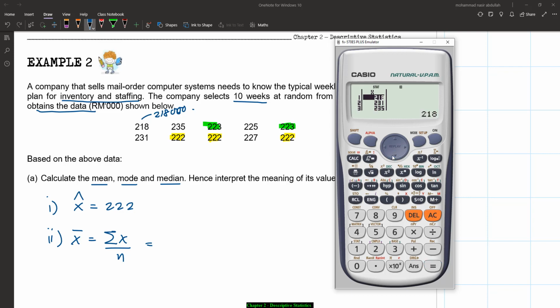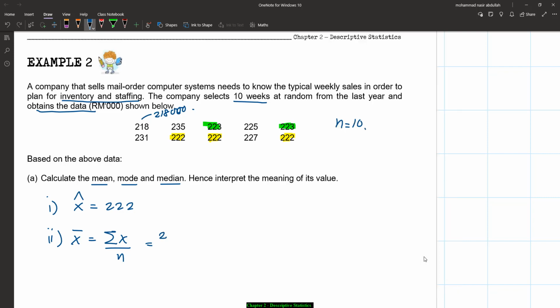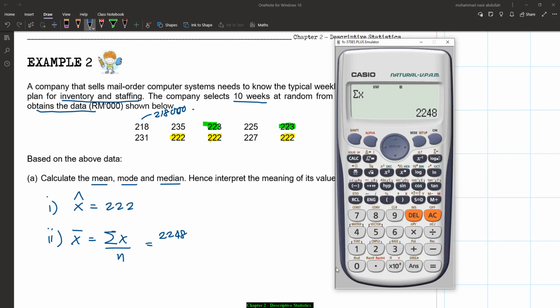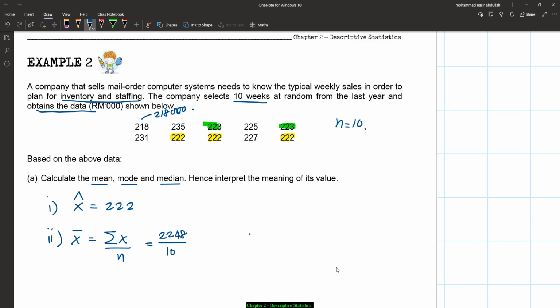First is 218, 31, 35, 22, 23, 22, 25, 27, 23, 22. Alright. So once you have input the data, press shift 1, press 3 for sum, press 2. Right. So 2224, 2248, sorry. Right. Divide by 10.